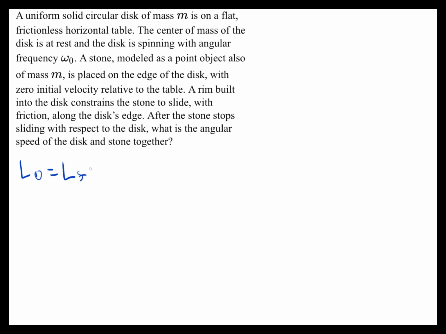Angular momentum is the moment of inertia times the angular velocity, so the initial moment of inertia times the initial angular velocity must equal the final moment of inertia times the final angular velocity.